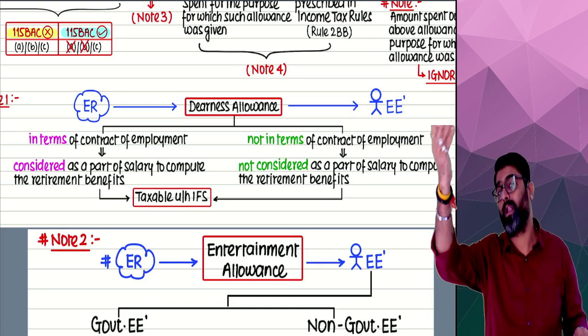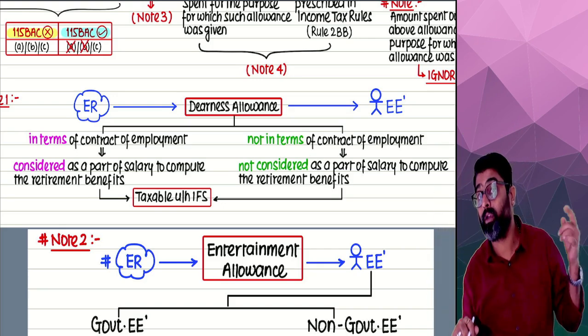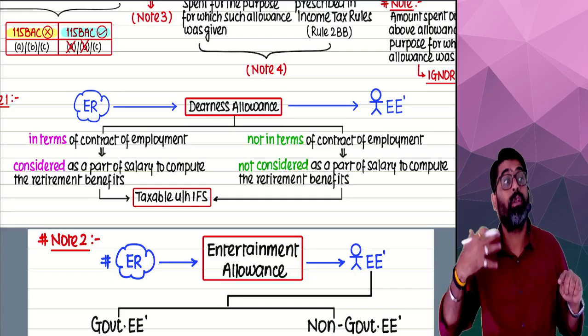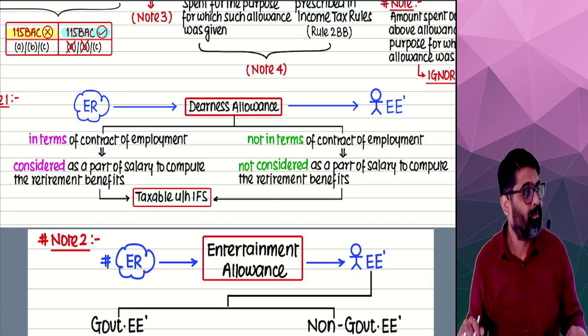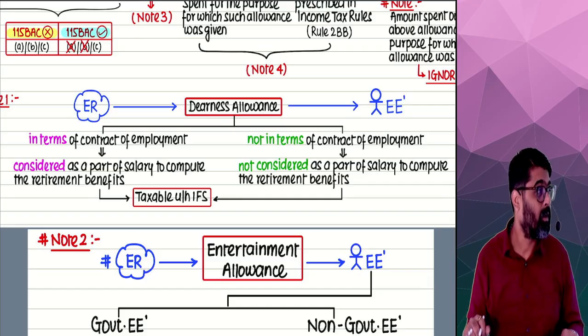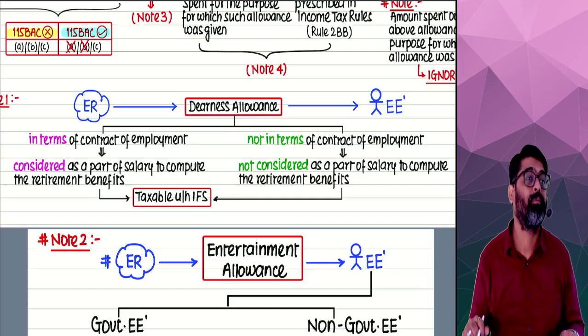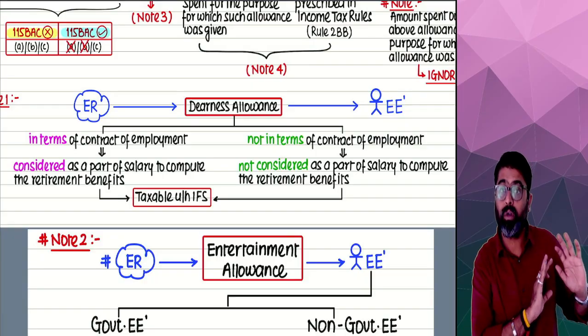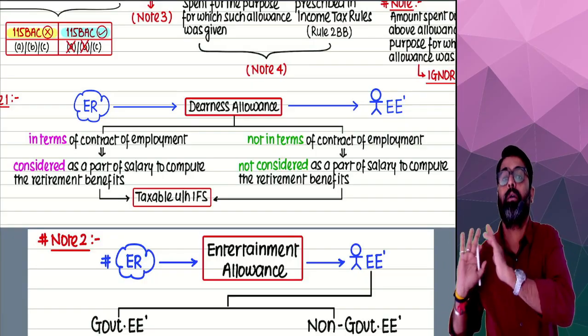Now, at the time of calculating your retirement benefits, he'll only take your contractual salary, not the salary he was giving beyond the contract. And DA was not given in the contract. Getting my point, everyone? So this is the difference between DA in terms of contract and DA not in terms of contract.